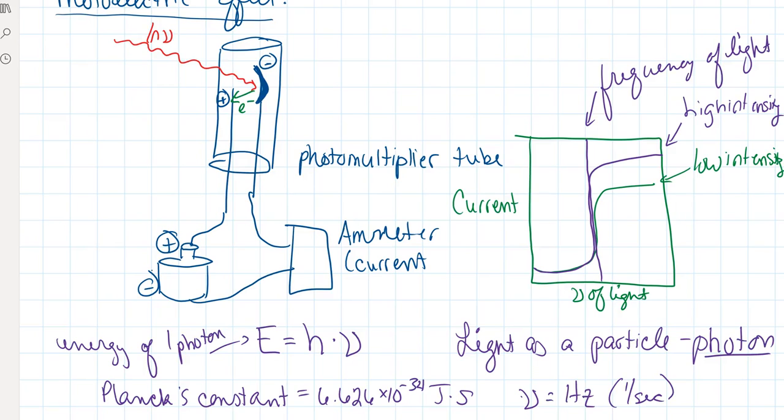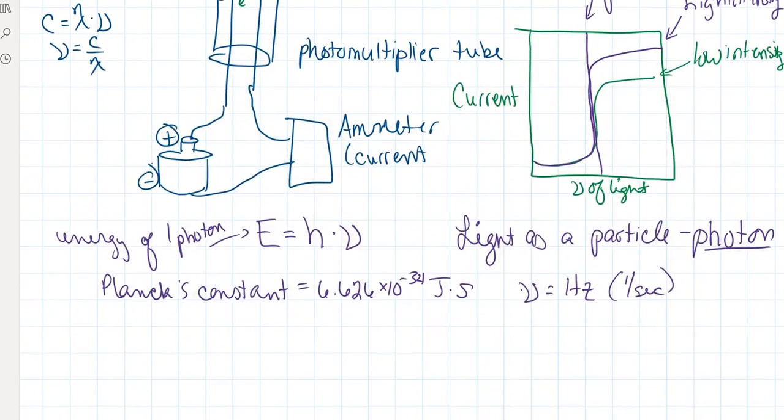So when we take a look at this, we can also make one additional substitution. If you'll remember, there was a relationship between lambda and nu. So what we can do is substitute nu for c over lambda, and we can rewrite this energy equation not only in terms of frequency, but also in terms of wavelength.